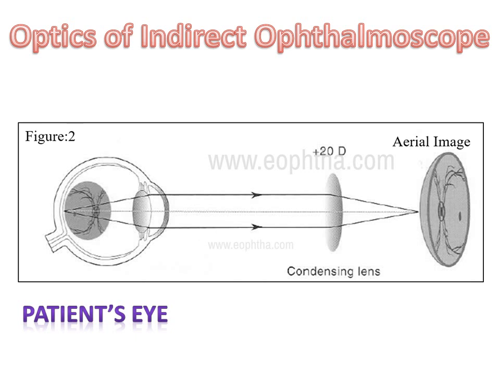This can explain the optics of the indirect ophthalmoscope. You can see that by using indirect ophthalmoscope, along with that we use condensing lenses. So by using a condensing lens of plus 20D, 20 diopters, the patient's eye is examined by the examiner, and an aerial image is formed in between the condensing lens and the observer's eye.